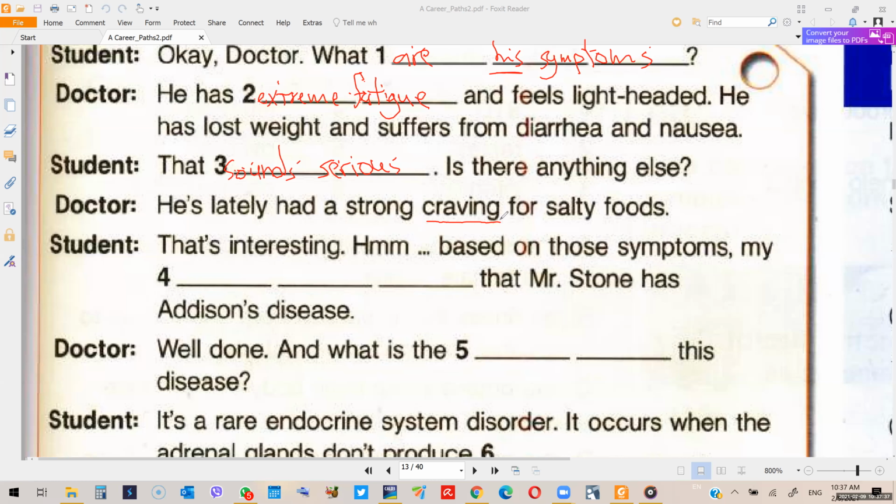Okay, now let's listen. Based on those symptoms, my guess would be that Mr. Stone has Addison's disease. Well done. So that's interesting. Based on these symptoms, my guess. So he's guessing.